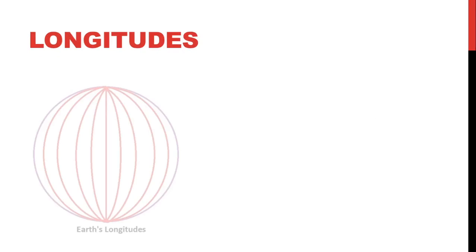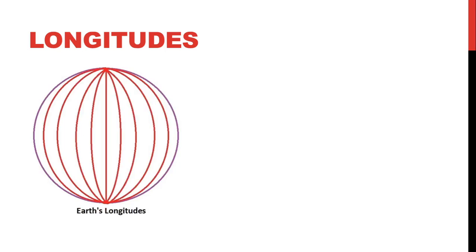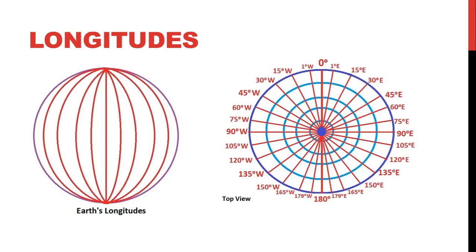Look at the diagram. Earth's longitude. Top view, 0 degree longitude divides it into two parts, eastern and western hemisphere. There are 180 longitudes in eastern hemisphere and 180 longitudes in western hemisphere.